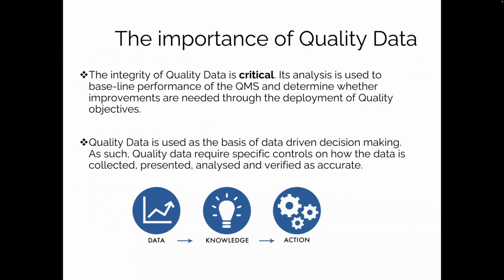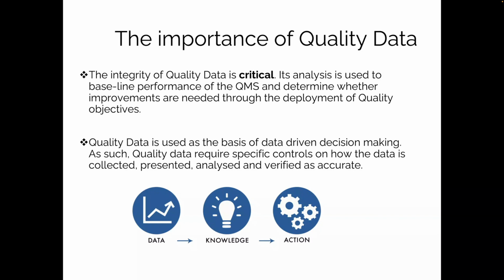Now, obviously, quality data is important because it measures how effective and efficient the quality system is in terms of its execution, its maintenance and its running. And one aspect many organisations don't pay a lot of attention to is the integrity of that quality data, and it is really critical because you're using that data to make big decisions about whether your QMS is functioning adequately or not.